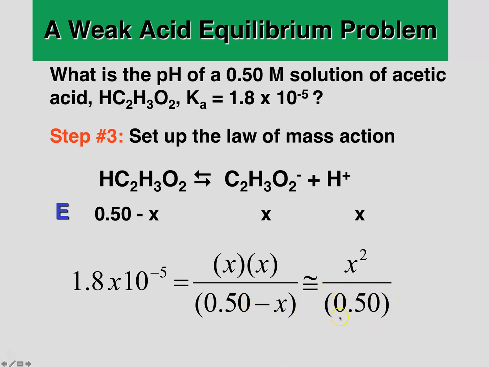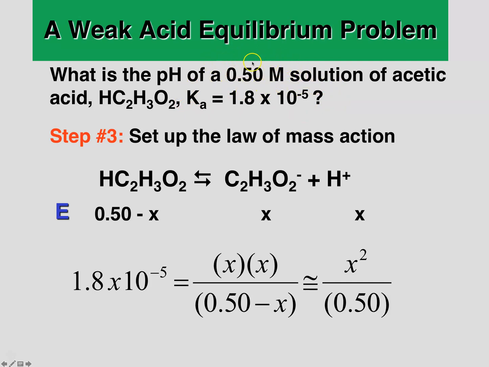Well, welcome to the 5% rule. The 5% rule has you compare the Ka or Kb, whatever type of reaction you're dealing with, to the initial concentration.